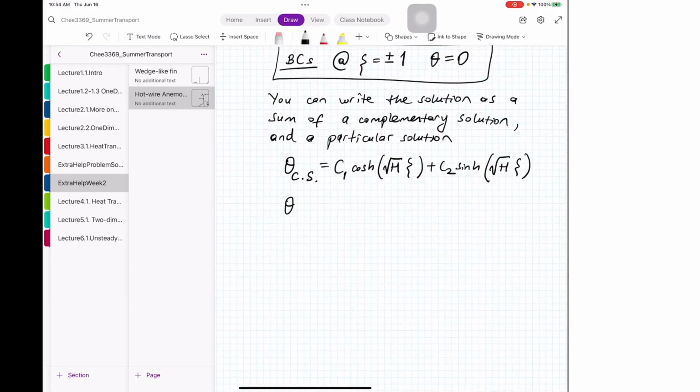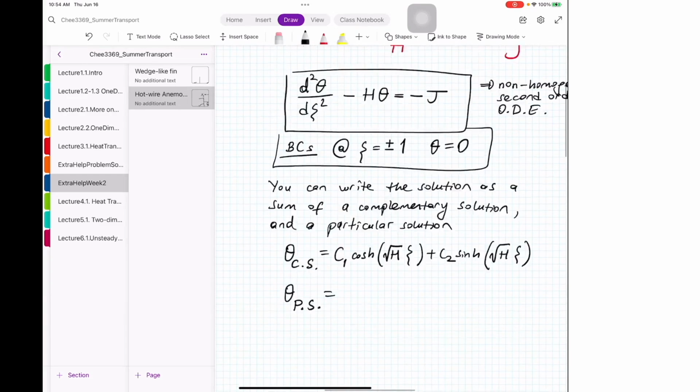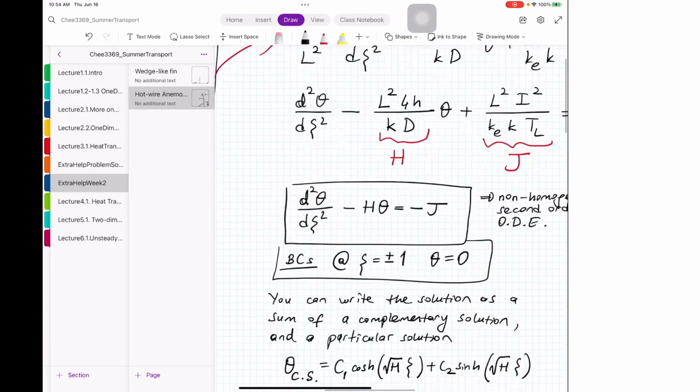And theta particular solution is, we just come up with any solution that solves this. As you can see here, if you actually plug in a constant number here, the derivatives are going to be 0. And this constant is going to be equal to this constant. So the constant you can plug in to make it correct for just one case would be j over h.